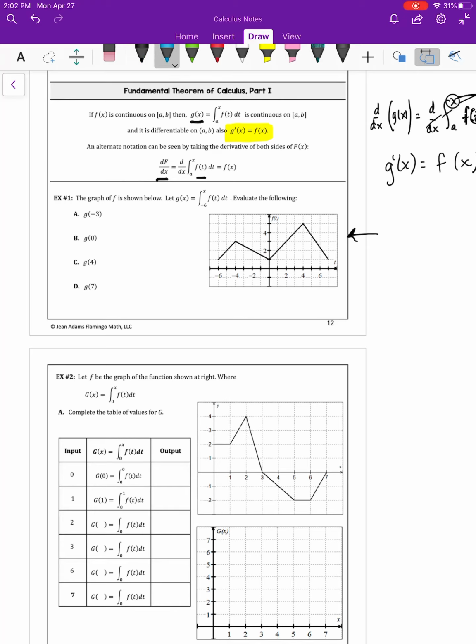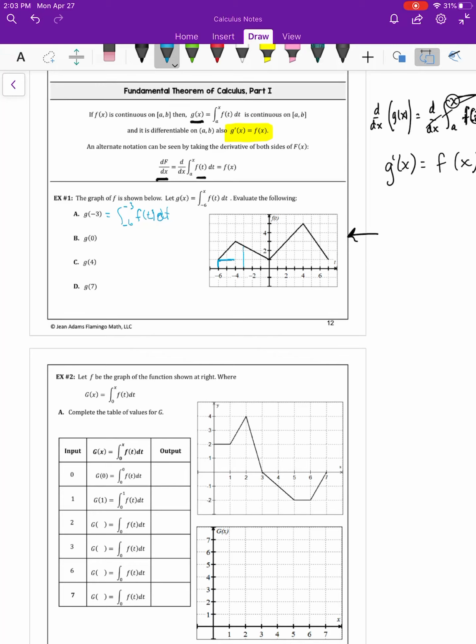So g of -3 is going to be the integral from -6 to -3 f of t dt. And so what that means is from -6 to -3, the answer to g of -3 is going to be the area under the curve.